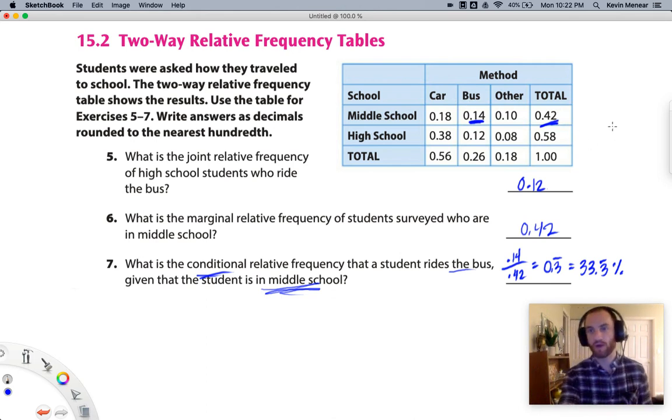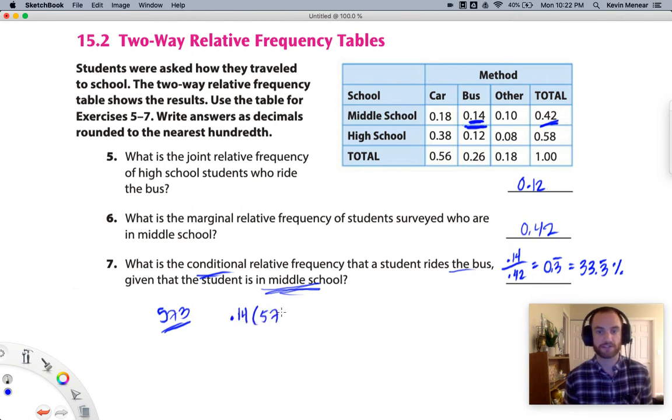And the reason why is because no matter how many of these students there are in total, let's say instead of 100 students, there were like 573 students in total, right? Well, then this box would be the relative frequency 0.14 or 14% of 573, right? And this box would be 0.42 of 573.